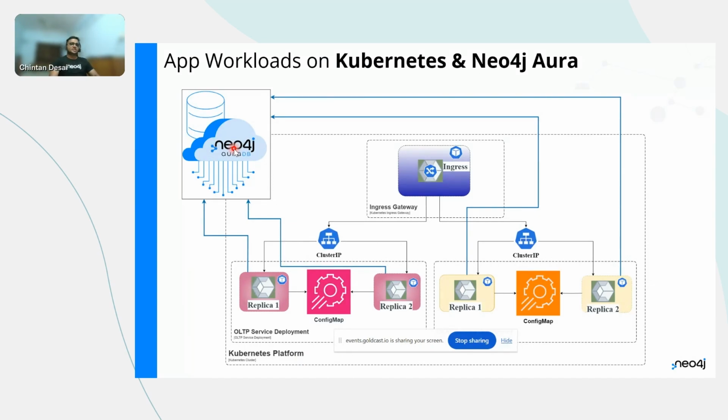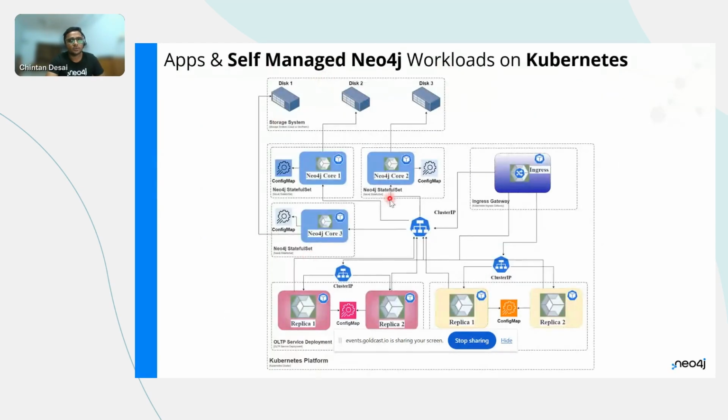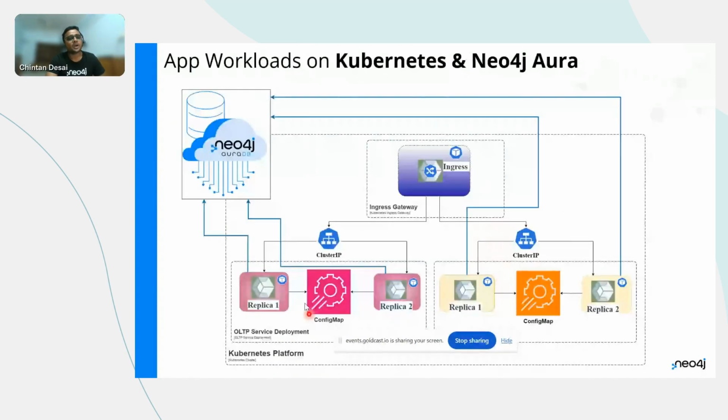Now, you can see that there are multiple Kubernetes resource definitions involved in both these deployments: with Neo4j self-managed and your applications, and in the case of Neo4j Aura, your application alone has a lot of Kubernetes resource definitions like the deployment, the config map, the service configuration, the gateway configuration, and of course the connectivity part.